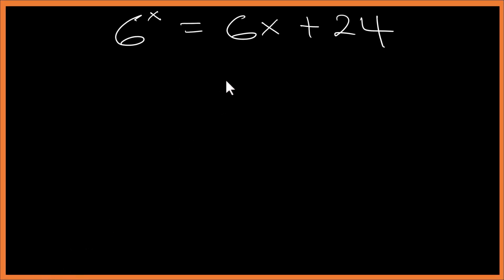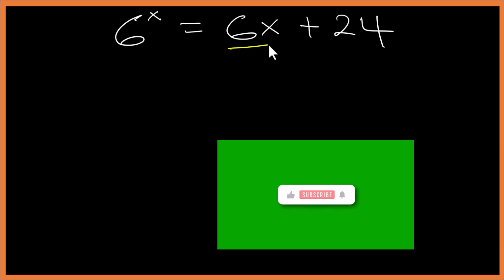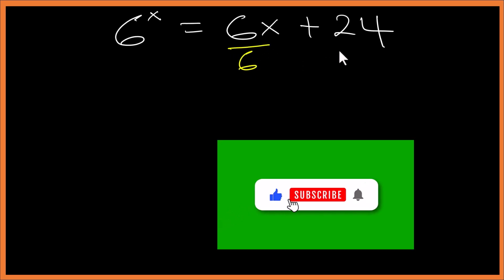Okay, so let's start by dividing through by 6, over 6, over 6.